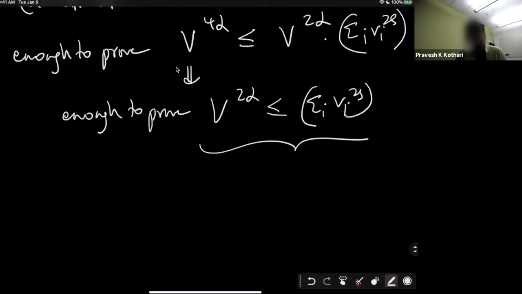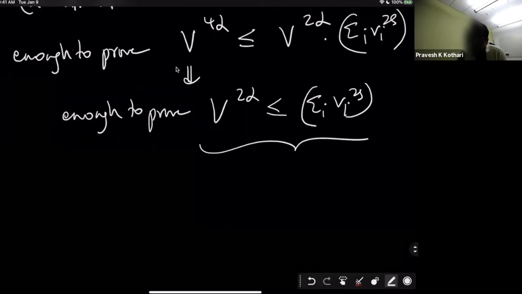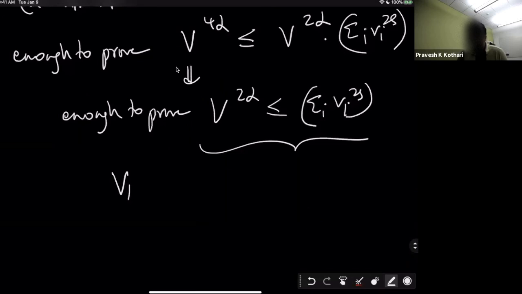So let's first make sure that we believe this fact is true in real life. What does v to the 2 alpha look like? This notation can be somewhat confusing, so let's take an example. One example of v to the 2 alpha is, let's say, v1 to the 6 v2 squared.